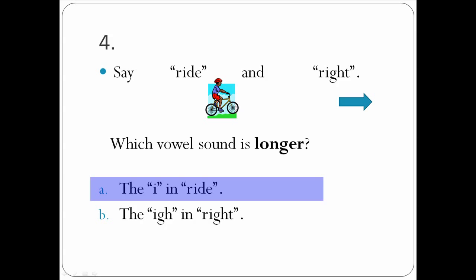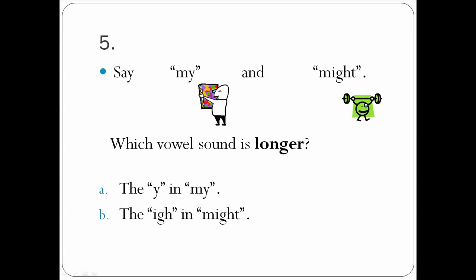Ride, write. 5. Say my and might. Which vowel sound is longer? The Y in my is longer because it's an open sound. T is a voiceless consonant. My, might.